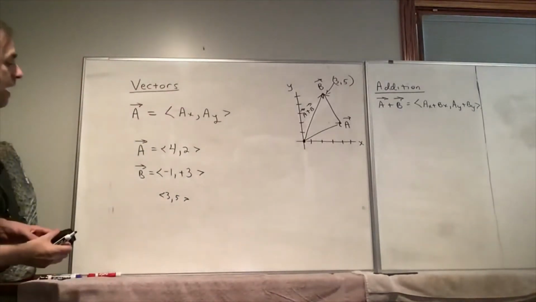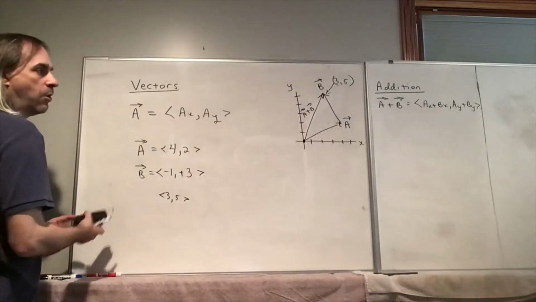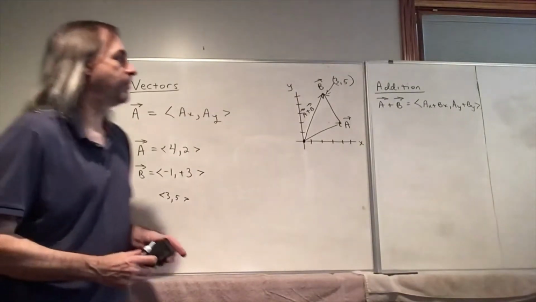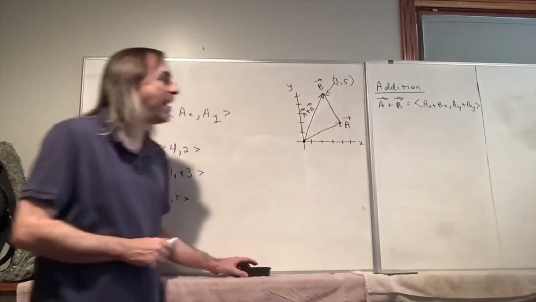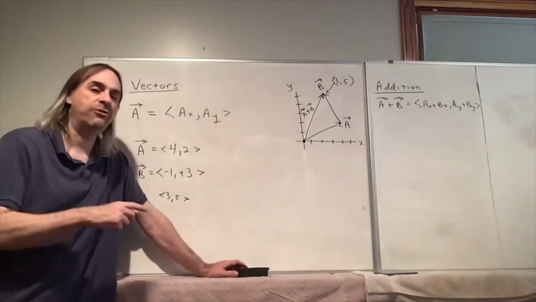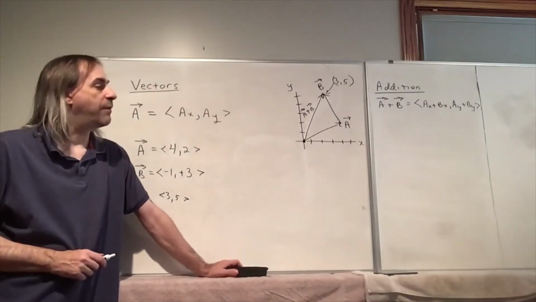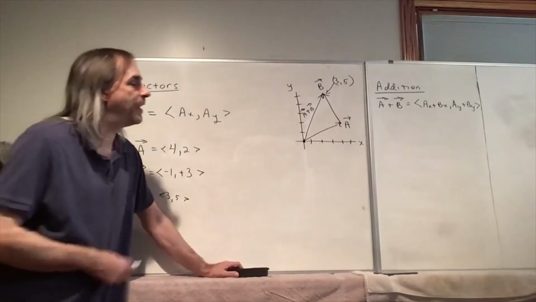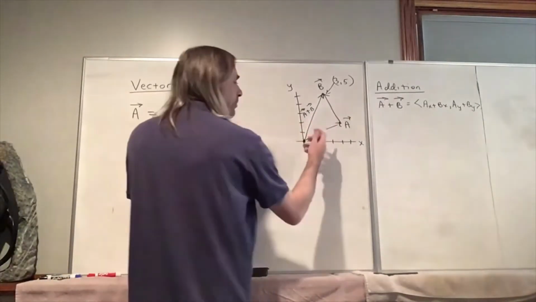Okay, so that's called vector addition. And now let's talk about graphically how you add vectors. There's actually two ways to do it graphically. What we've drawn here is called the tip-to-tail method.